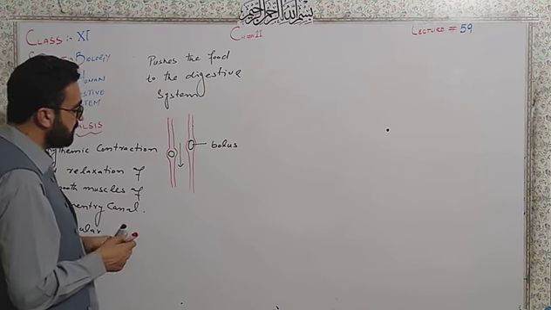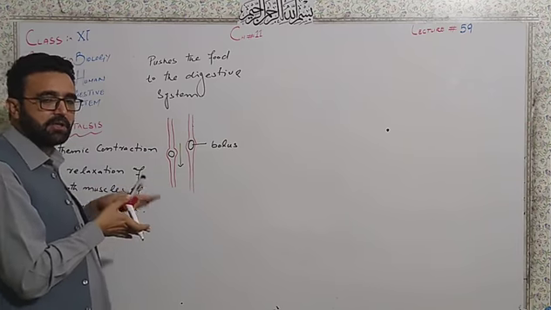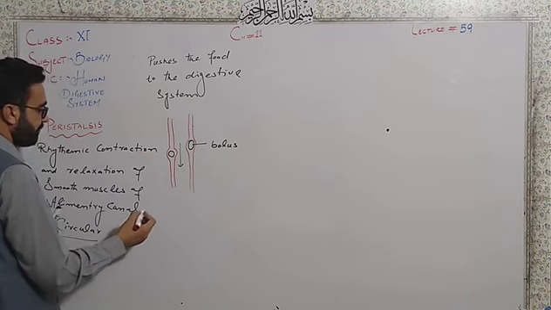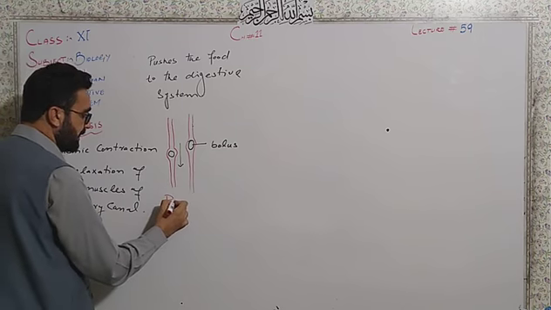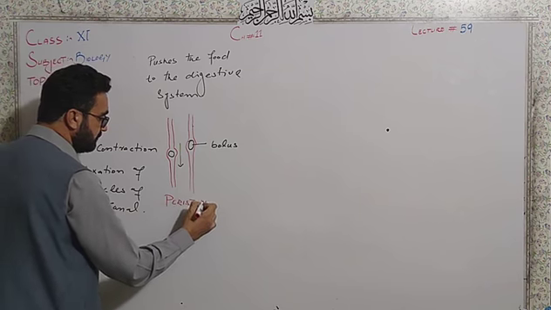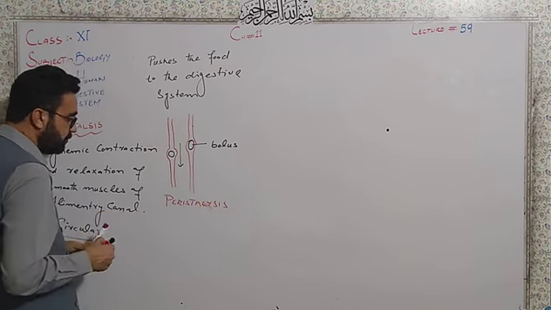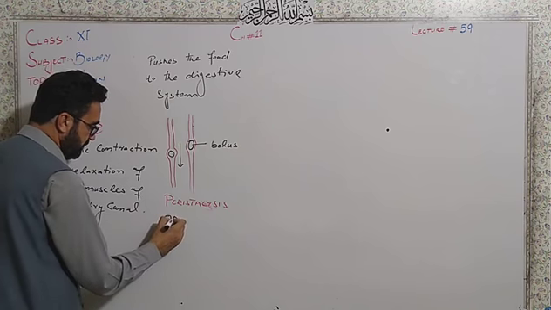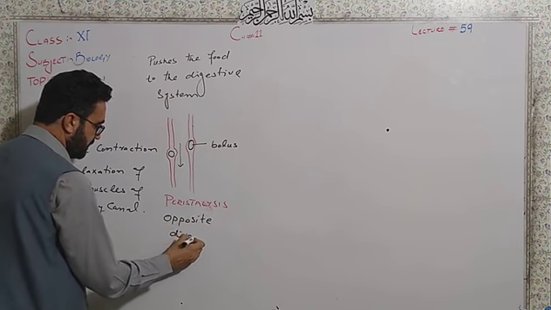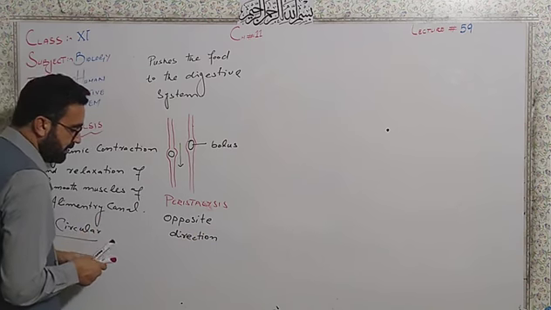But sometimes it goes in the opposite direction. If the peristalsis is in the direction from the oral cavity towards the stomach, then this is called peristalsis. But if the peristalsis goes in the opposite direction, then this is called antiperistalsis.